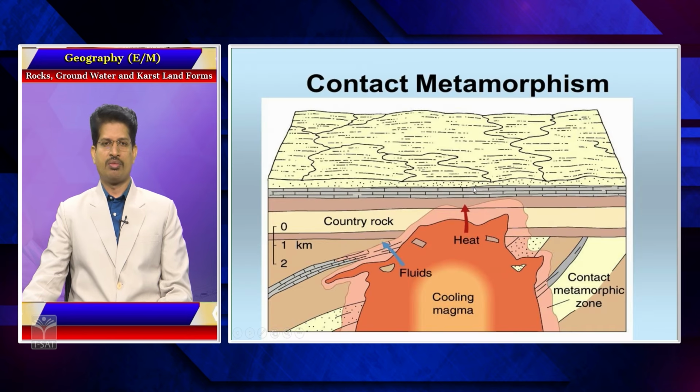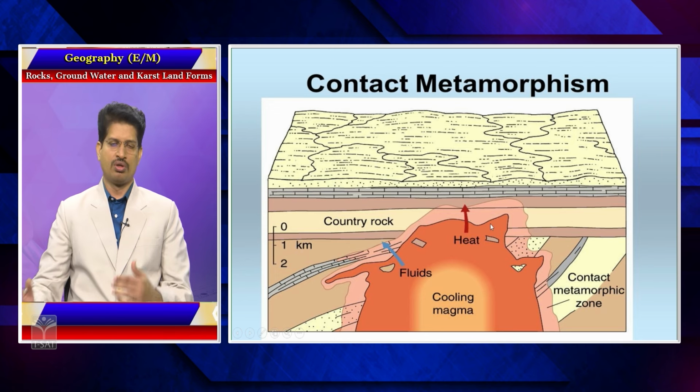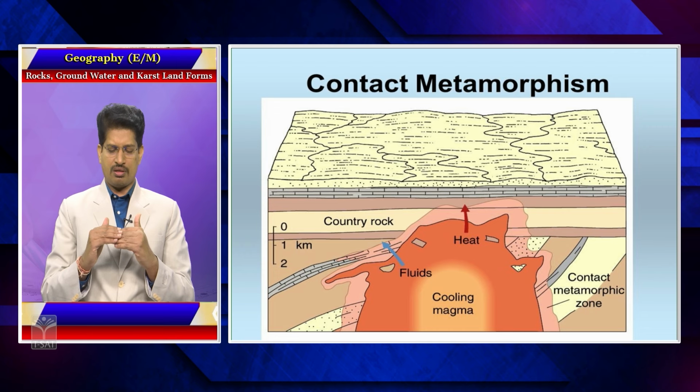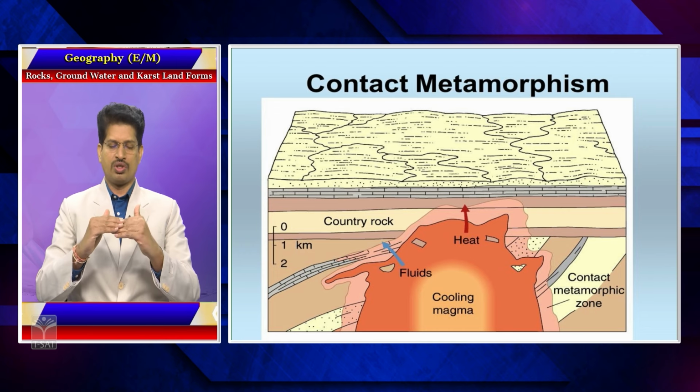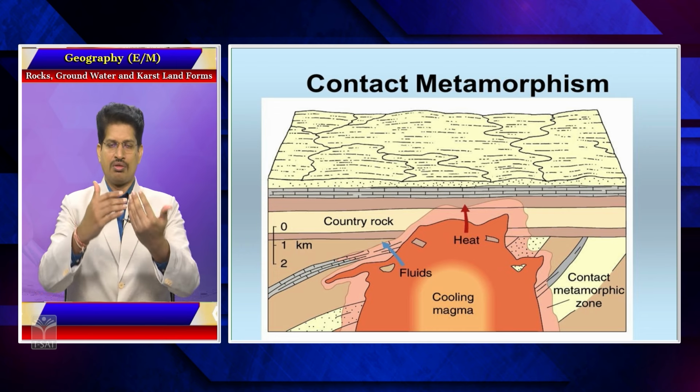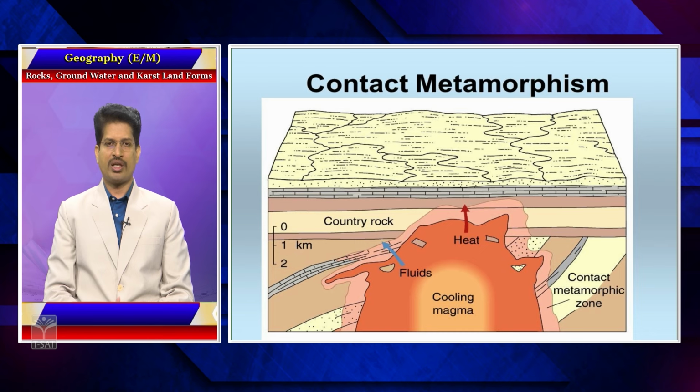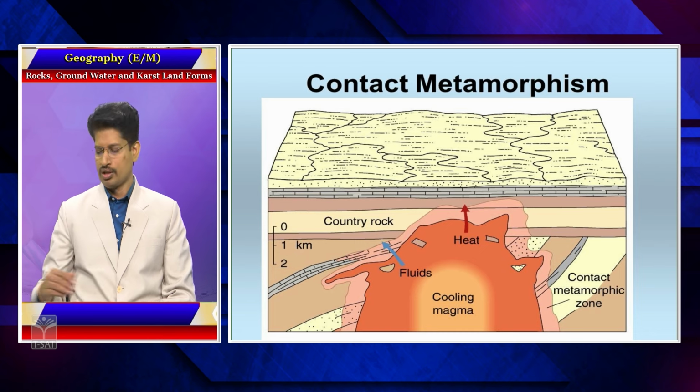So, the other metamorphism is known as contact metamorphism. The magma present in the earth's interior, when it is in touch with the nearby layers, subjects them to metamorphism. Because the hot magma imparts its temperature to the layers above, subjecting them to metamorphism because of contact, it is known as contact metamorphism.